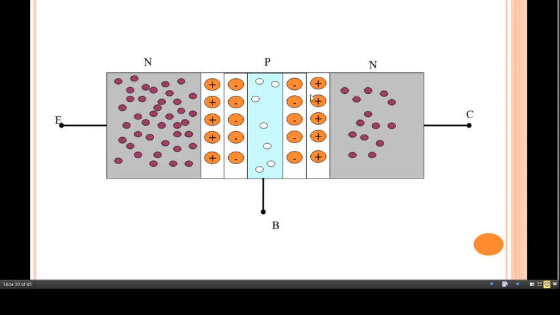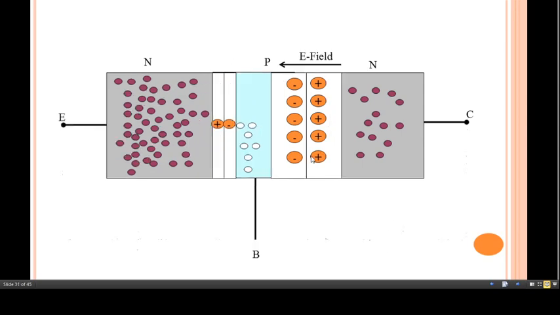Here also uncovered ions are there. These are the electrons present in the emitter terminal, and these are the holes present in the base terminal. This is NPN. That means this is N type of material, this is P type of material, and this is N type of material. So majority are electrons here and here, and the majority are holes at this base.